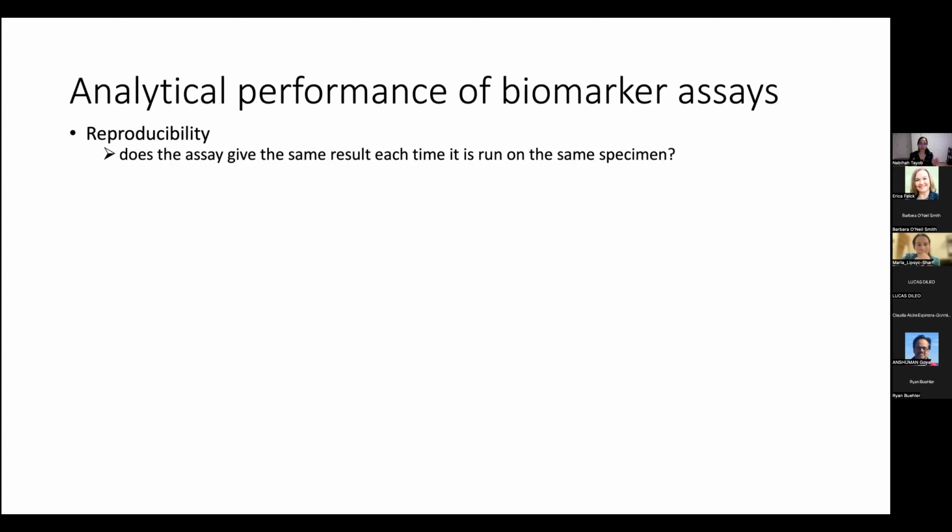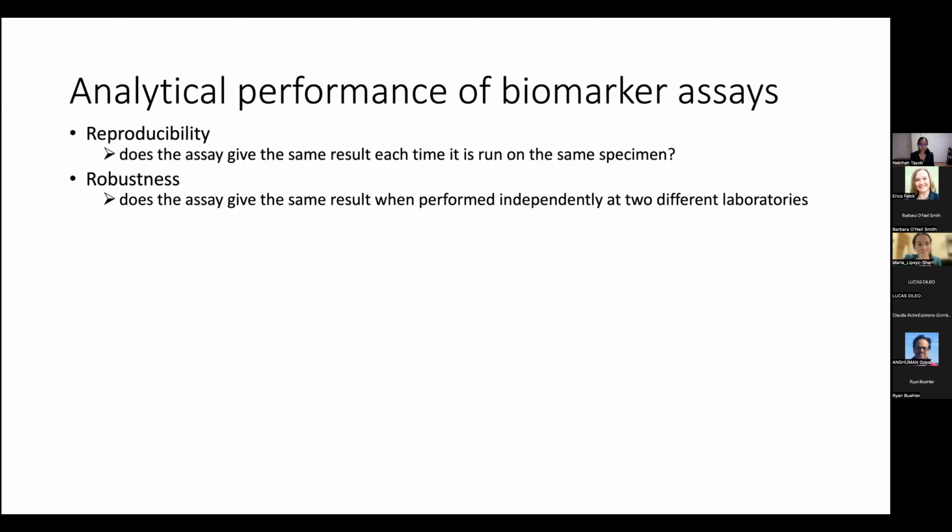So when you run it multiple times, are you getting the same result? Robustness: does the assay give the same results when it's performed in 2 different laboratories independently? So if you perform it at a lab at Dana-Farber, and in a lab at the Brigham, are you going to get the same results? If you perform it in a lab in California, are you going to get the same result?